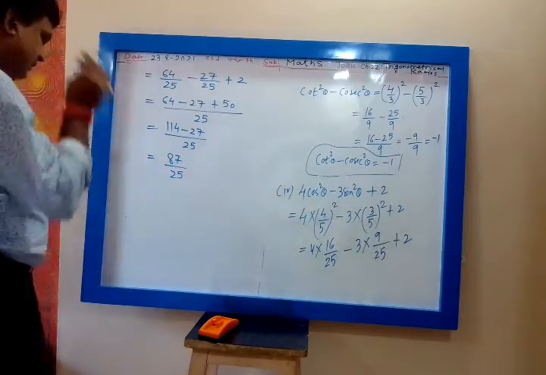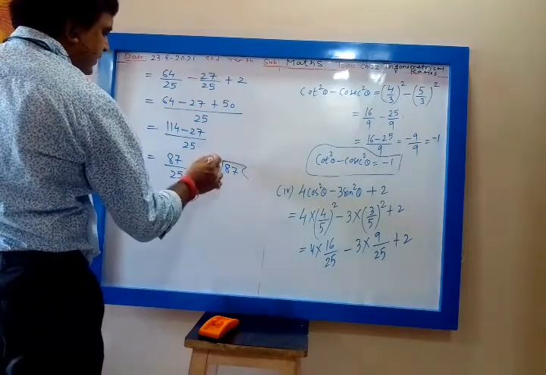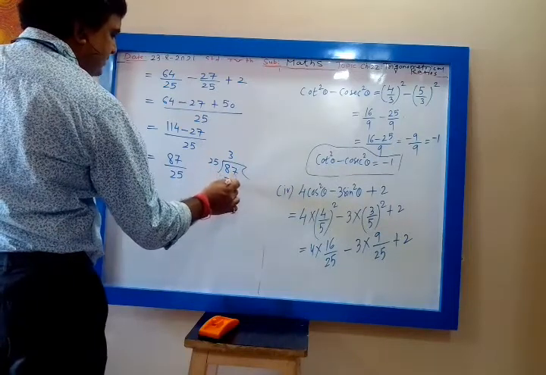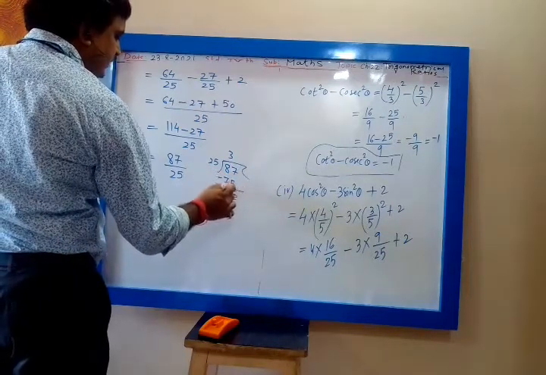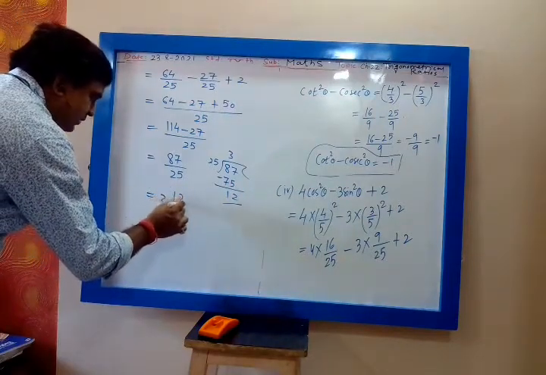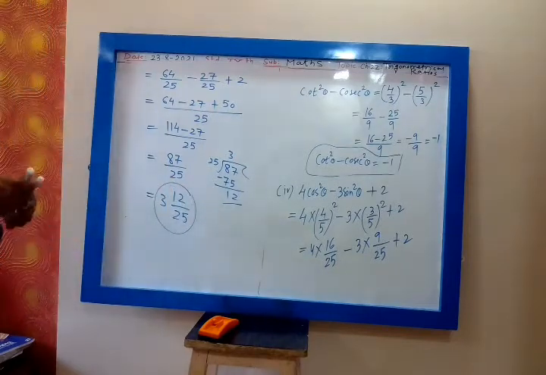Divide 87 by 25. 25 times 3 is 75. Remainder 12. So that is 3 and 12 by 25, which is the answer.